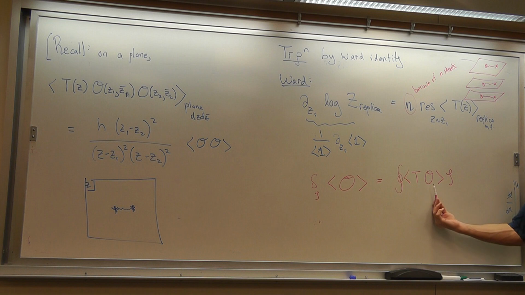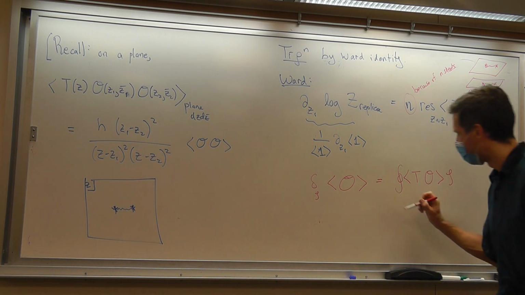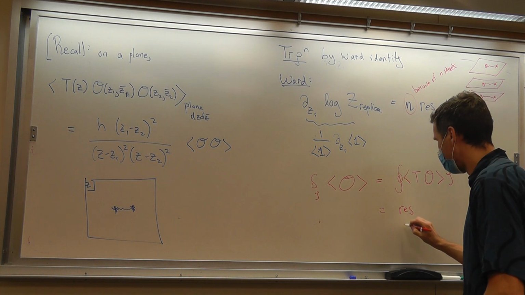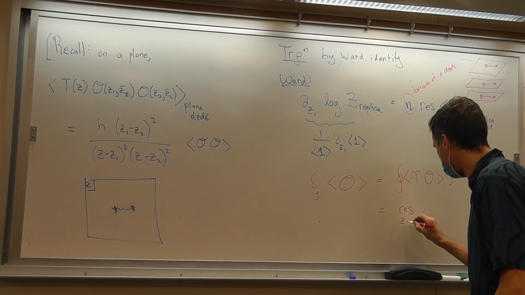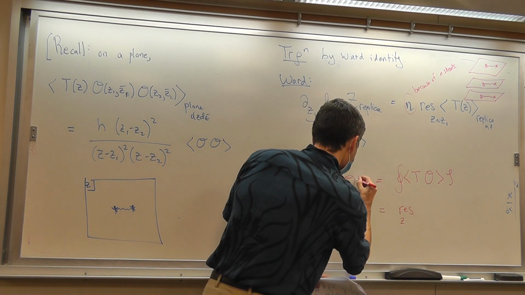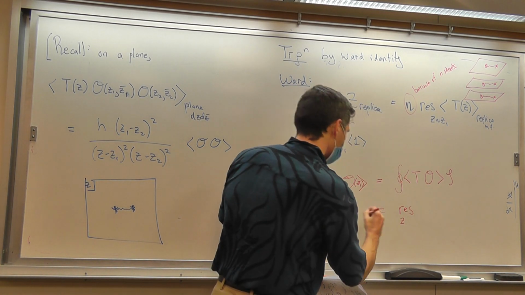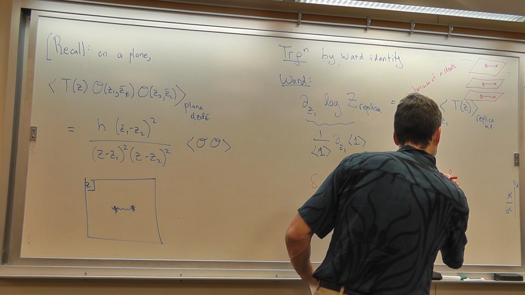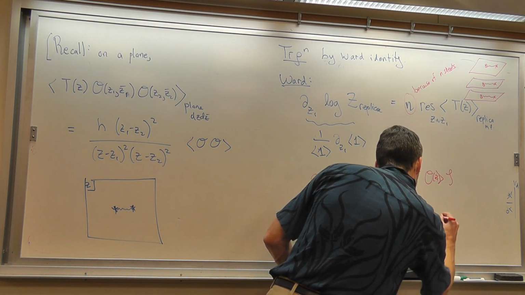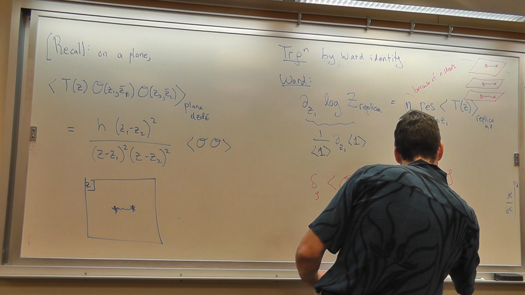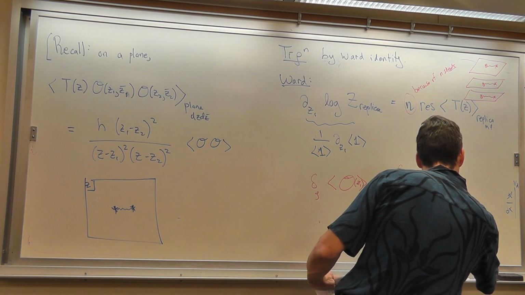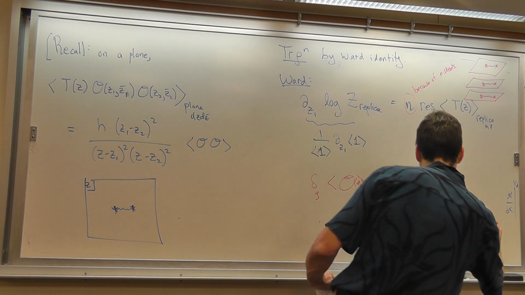I won't get all the indices right. If the operator is local, let's say it's O of Z1, then it's the residue of Z near Z1 of zeta of Z, T of Z, O of Z1.